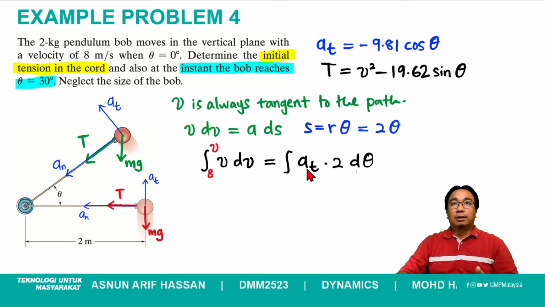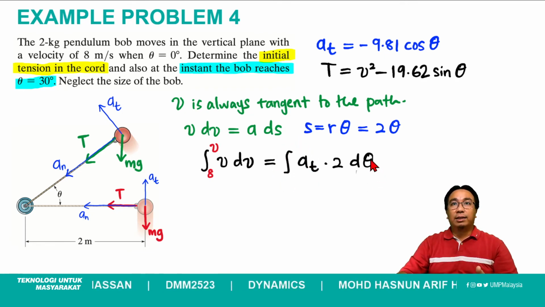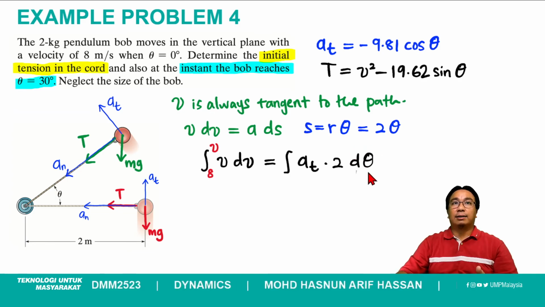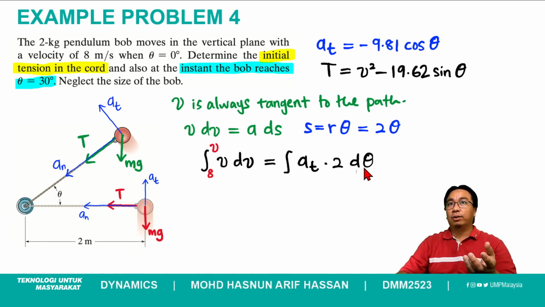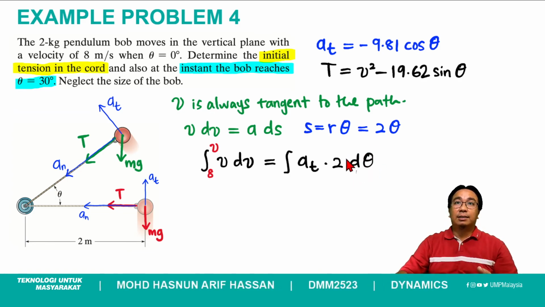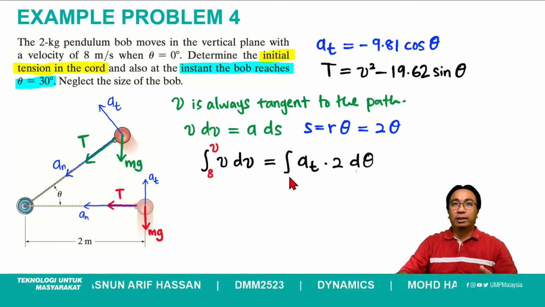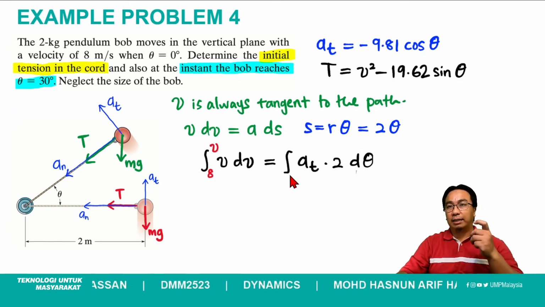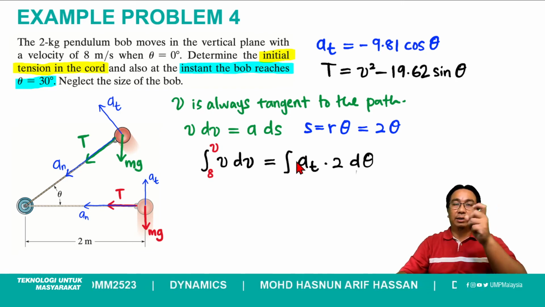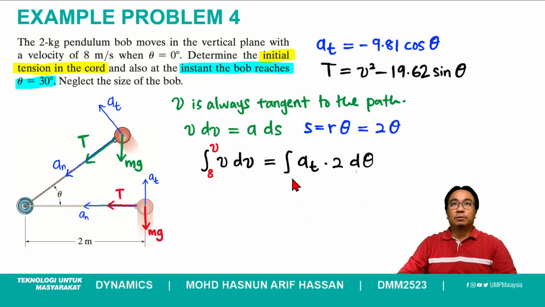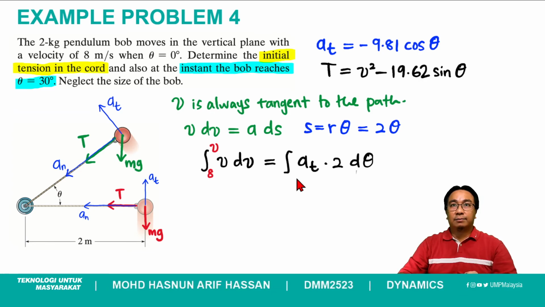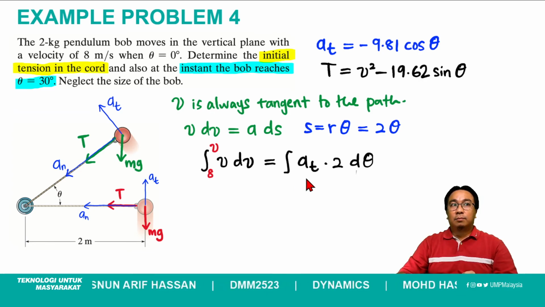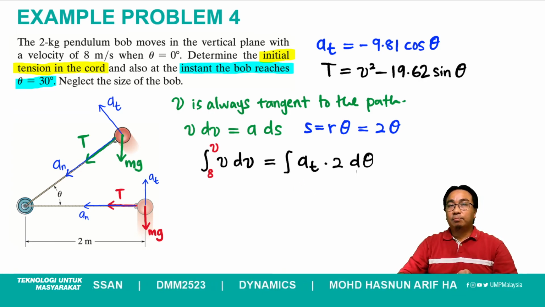What about the right hand side integration? You integrate now d theta. It's not dt, not the time, but now the angle d theta. So you integrate from the initial angle until the current angle. So what is the range? 0 and 30. 0 to 30.